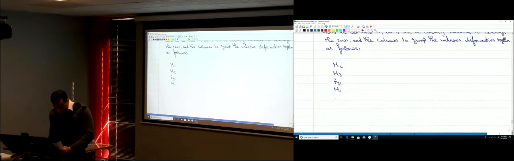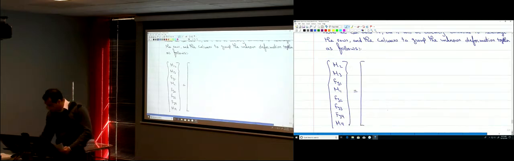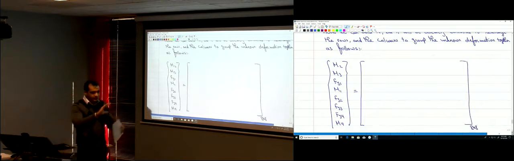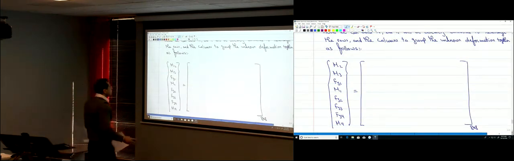Fy1, M1, Fy2, Fy3, Fy4, and M4. And that's equal to the K matrix, which is 8 by 8. But now this is arranged differently, right?